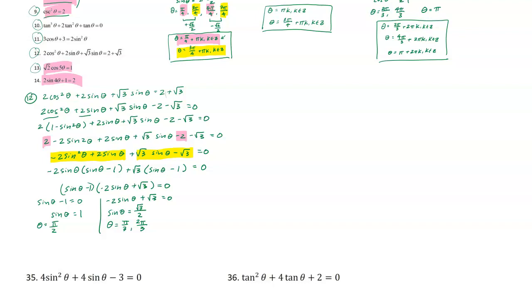None of those are pi distance apart, so I need to have all 3 equations represented with a 2 pi distance away from each other. Integer, and there you go.